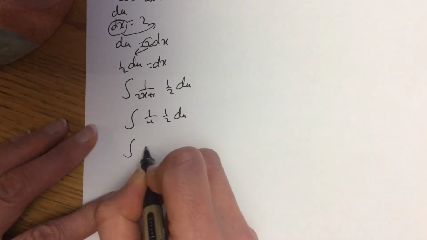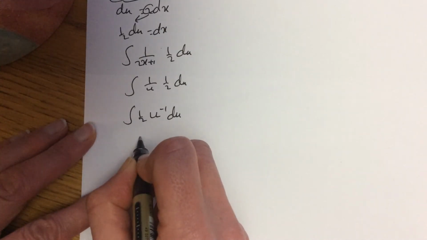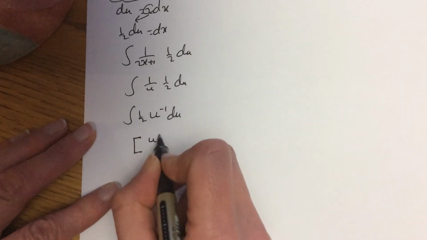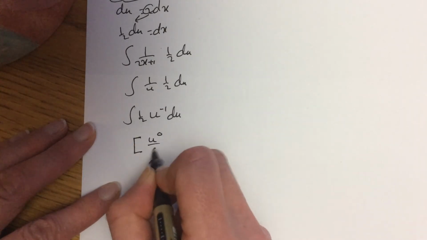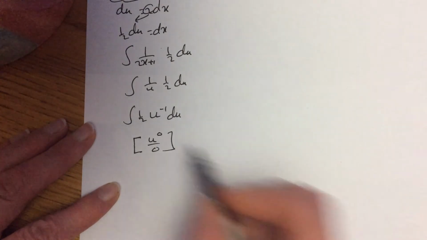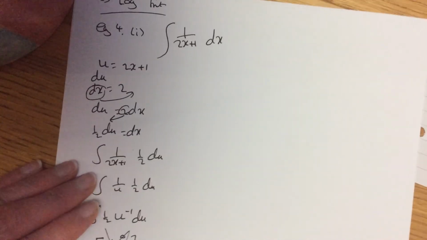So bring your u up. So it's a half u to the minus 1 du. If you add 1 to that power and divide by it, it's collapsed. So that is absolutely no good to you. You can see why I hate substitution.